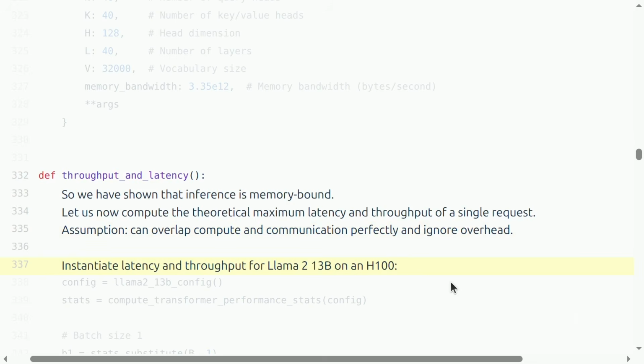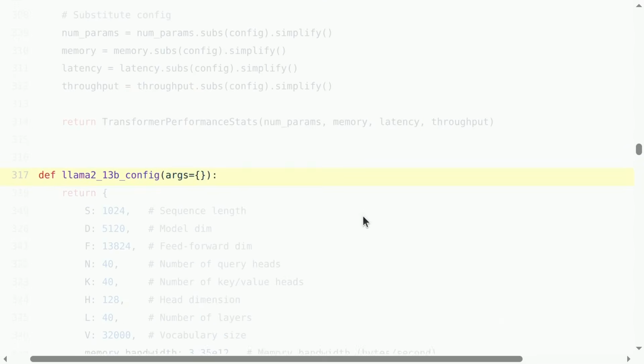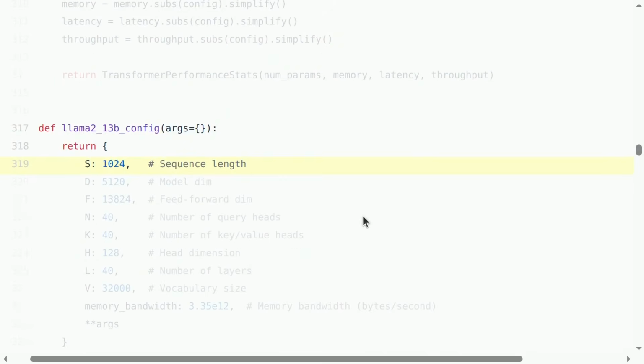Okay, so let's walk through an example. For Llama 2 13B on an H100, what is the latency and the throughput? Remember, Llama 13B has a particular shape. So this is the sequence length, the model dimension, feed-forward dimension, number of query heads, number of key-value heads.